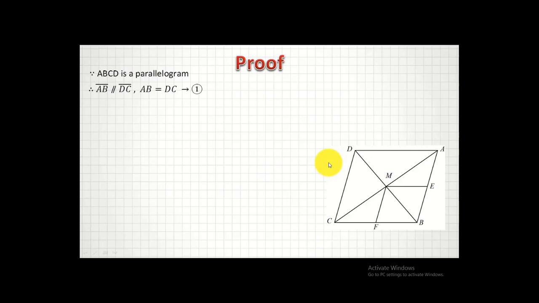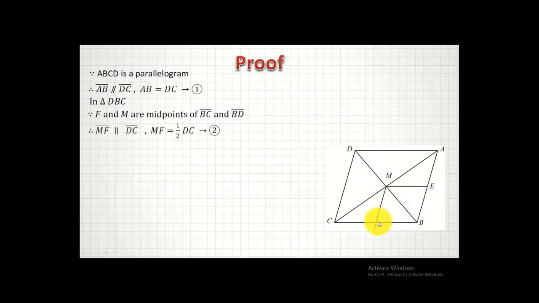In triangle DBC, since F is the midpoint of BC and M is the midpoint of BD, therefore MF is parallel to DC, and MF equals half DC. This is number 2.